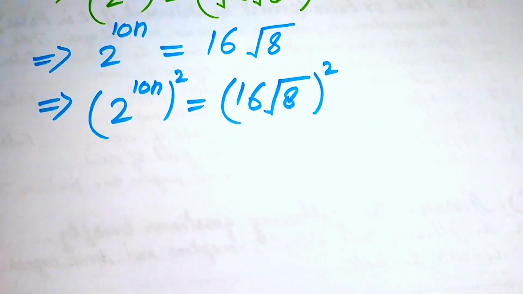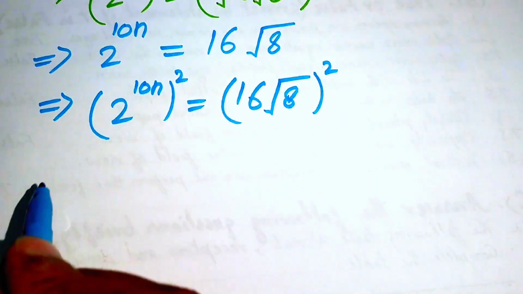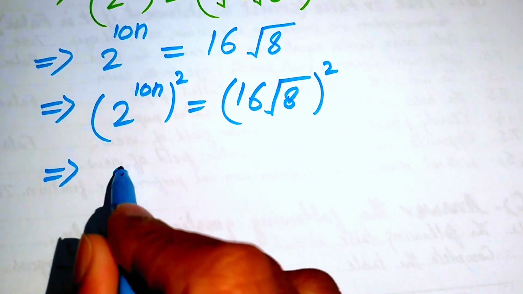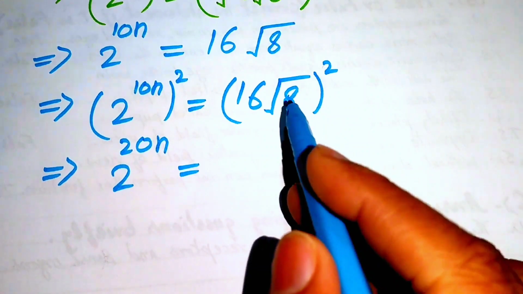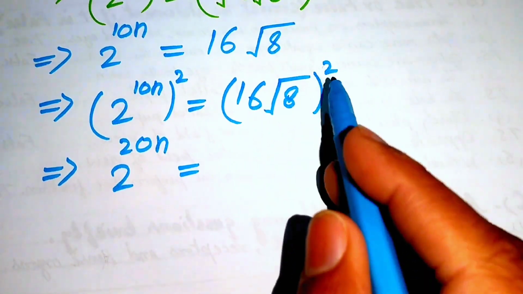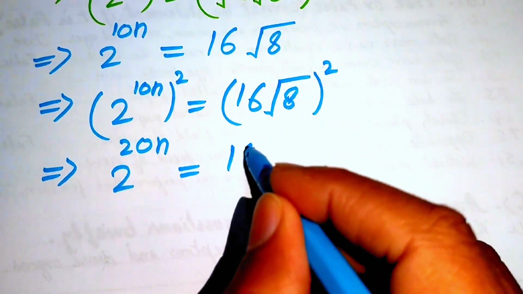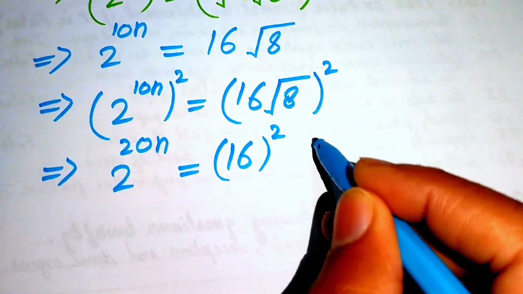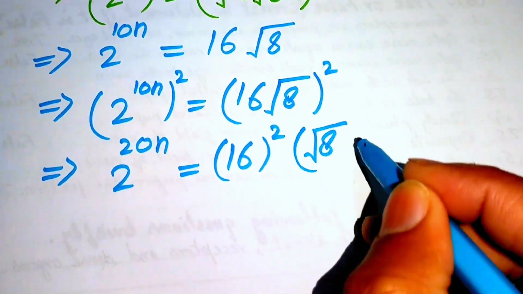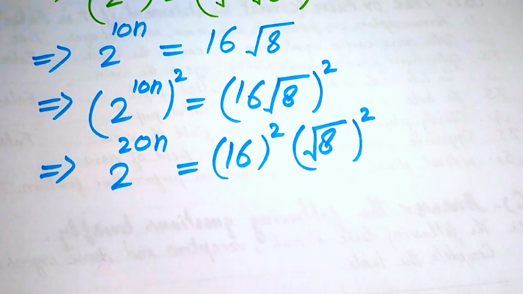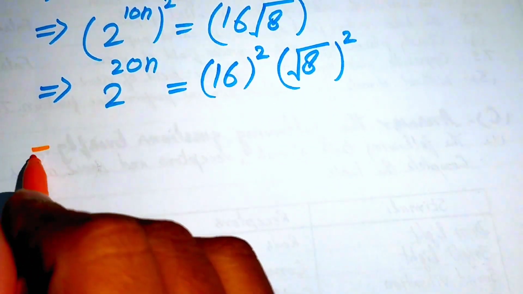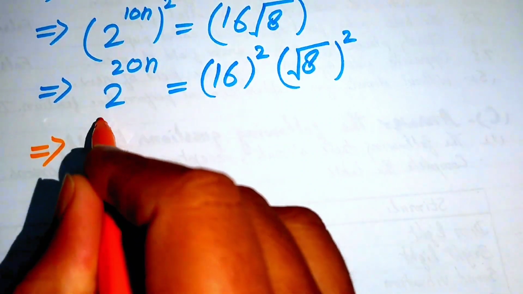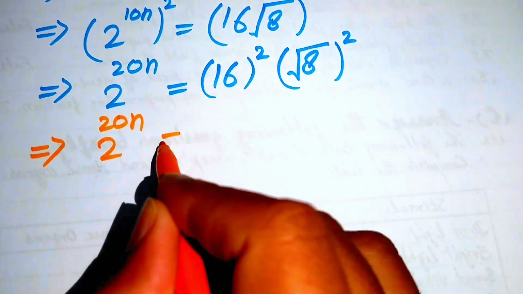And now we again multiply these two exponents in the left hand side and we get 2 to the power of 20n equals, here we separate the square on both of these terms and we get 16 squared into square root of 8 into whole square. So now we need more simplifications here.